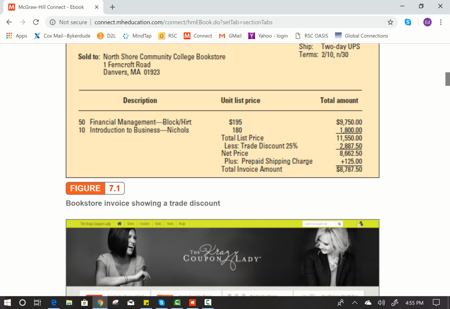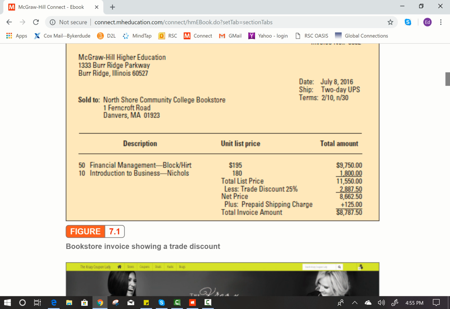Now they are shipping it. McGraw-Hill is shipping it to North Shore, and they've taken responsibility to pay for the shipping up front. So they've added that in for $125, and adding that to your net price will give you your total invoice amount. Okay, what they have not yet shown you is that there is a 2% discount if taken within 10 days, but the net is due in 30.